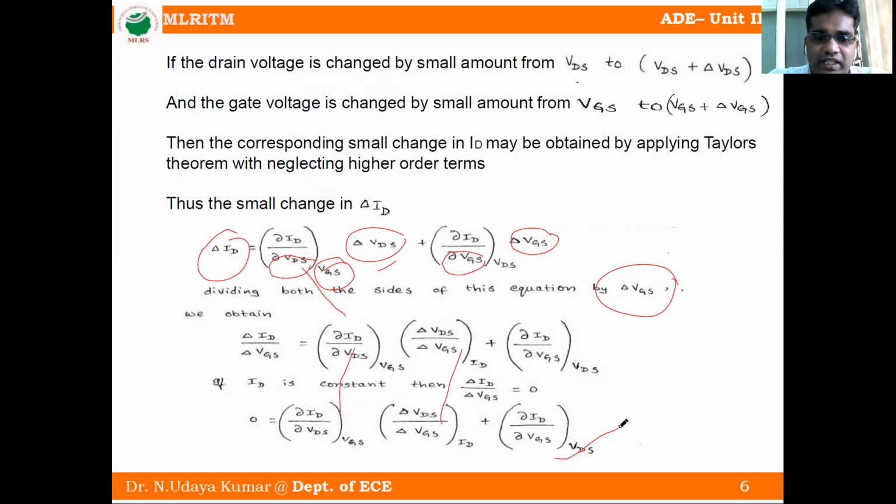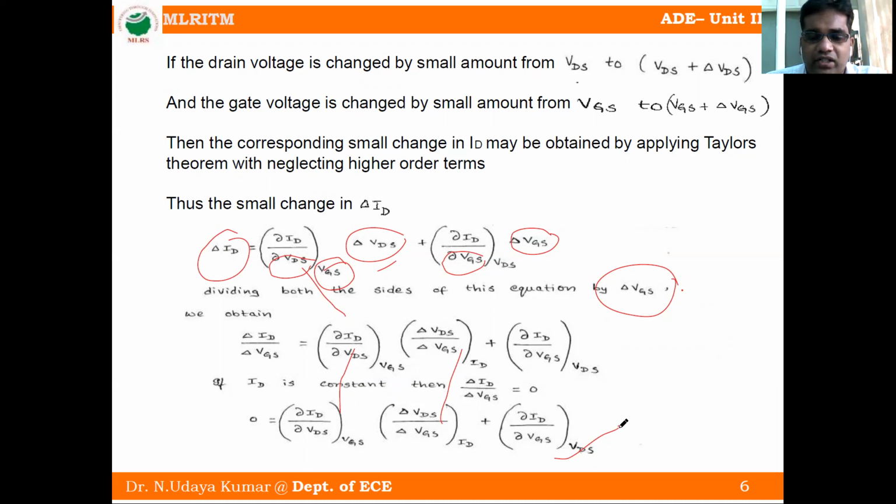Here it is inverse, so the reciprocal of dou ID by dou VDS is nothing but 1 by RD here. And the change in drain voltage by change in gate voltage is nothing but the amplification factor.